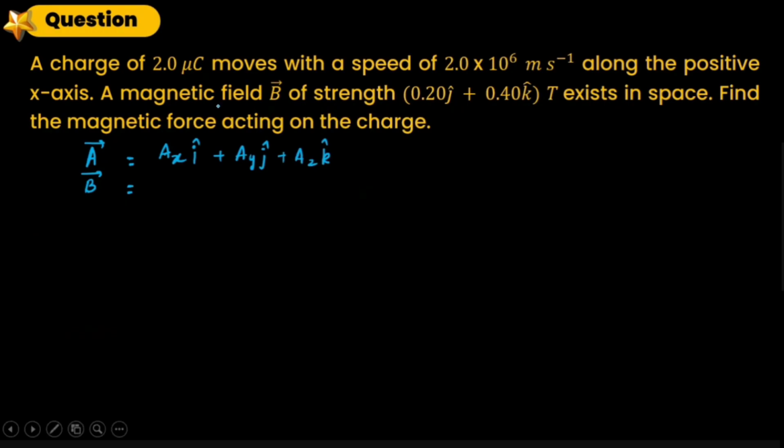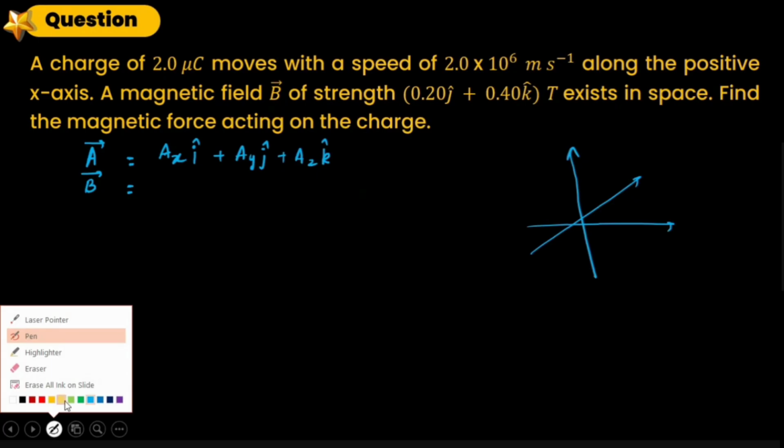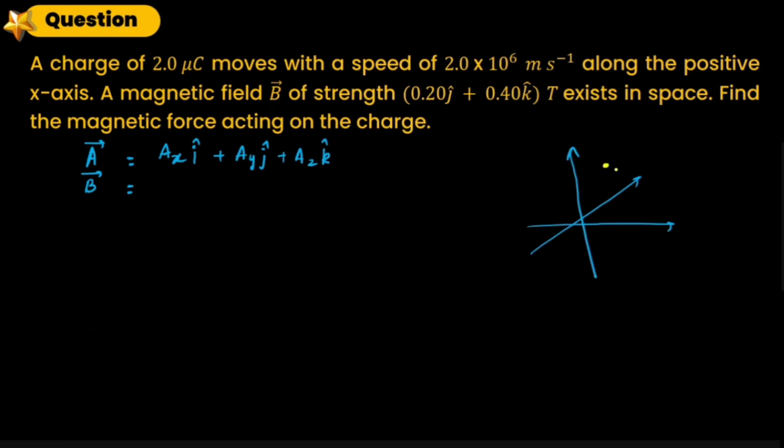For example, suppose there exists a vector like that. This vector must have components in the x-axis, y-axis, as well as the z-axis.